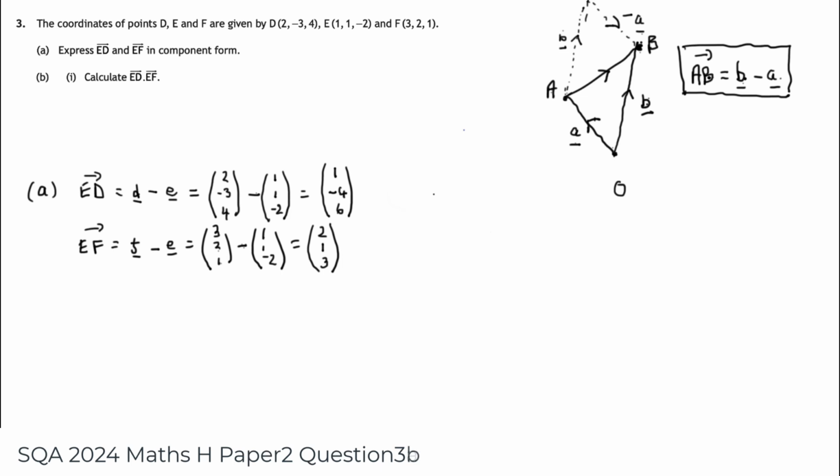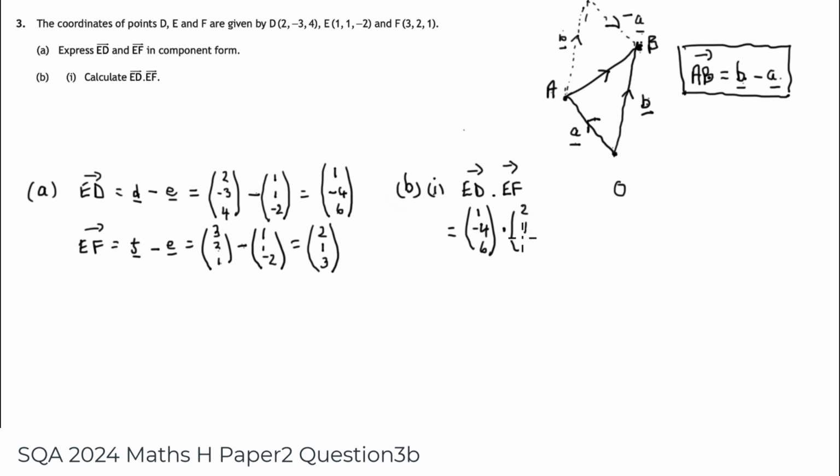Now let's move on and see what part B asks us to do. Well, part B, part 1, asks us to work out the dot product of ED and EF. Now we've worked out their components. So there's 1, negative 4, 6, dot 2, 1, 3.